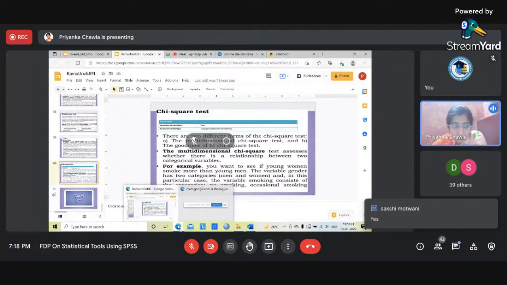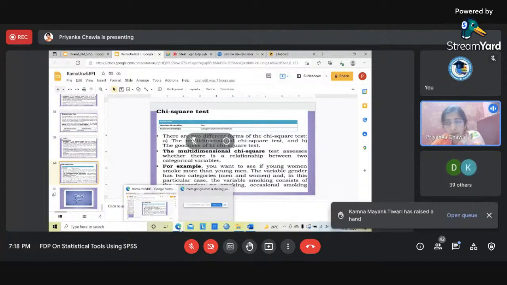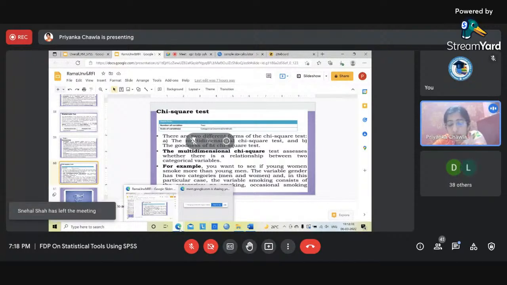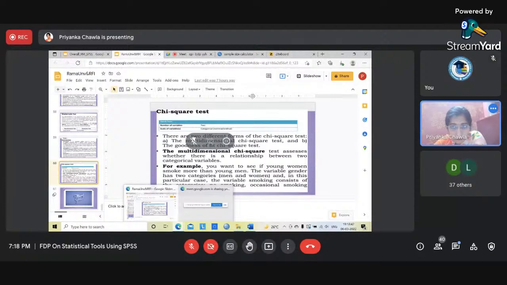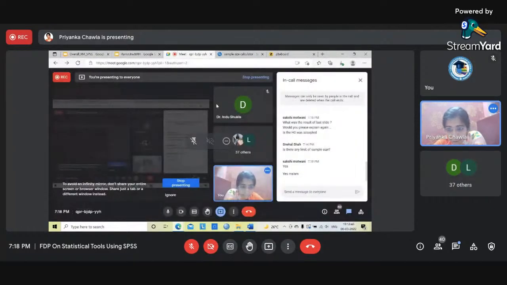Were you talking about the learning method and gender, which I had explained? The null hypothesis was that there is no association between gender and learning methods. The p-value was greater than 0.05, so we can conclude that the null hypothesis is accepted. Clear? Okay. I hope, Sakshi ma'am, you got the answer.